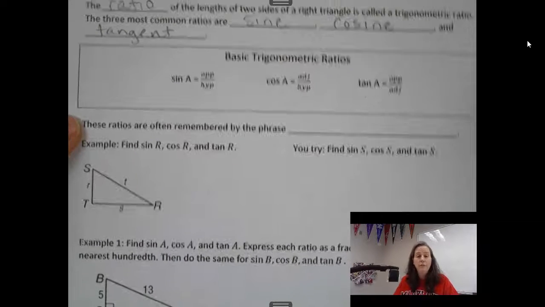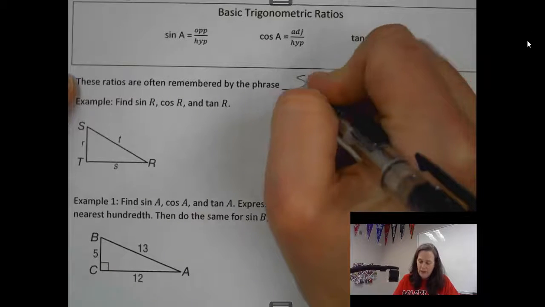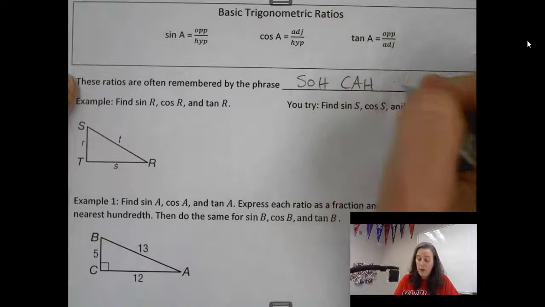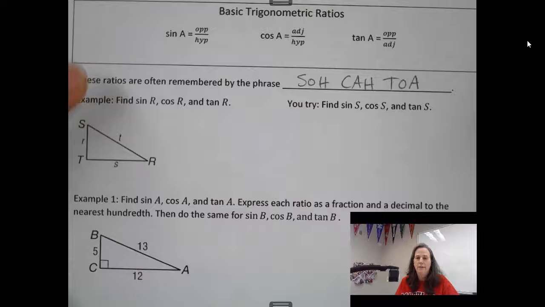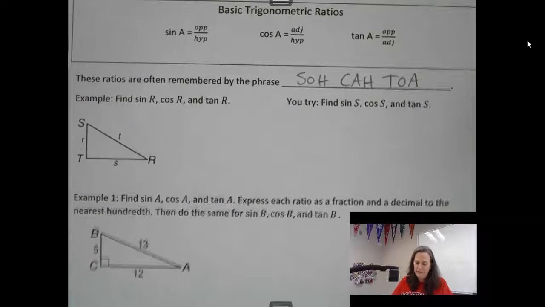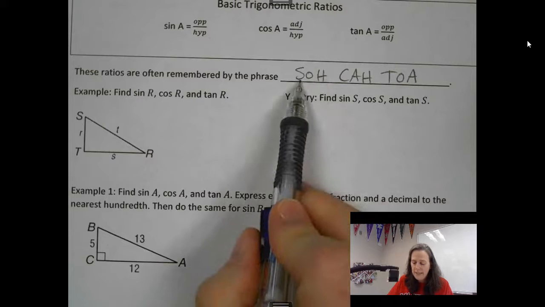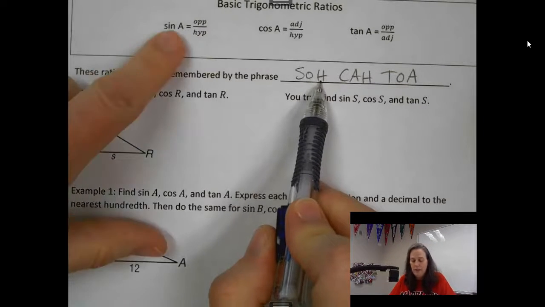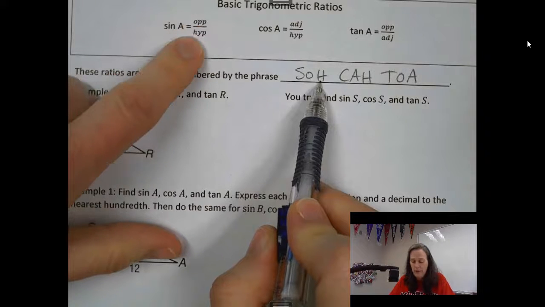These ratios are often remembered by the phrase SOH CAH TOA. All right, and you might have heard that. You might have worked with this before, so this is not new to you, but this says the sine is the opposite over the hypotenuse. Did you see sine, opposite over hypotenuse?